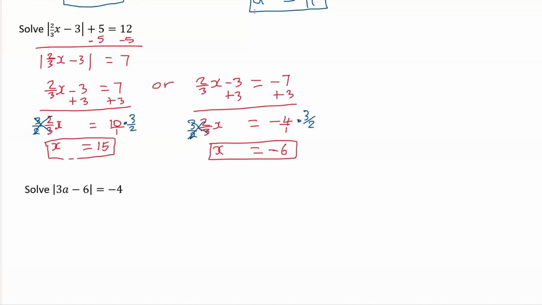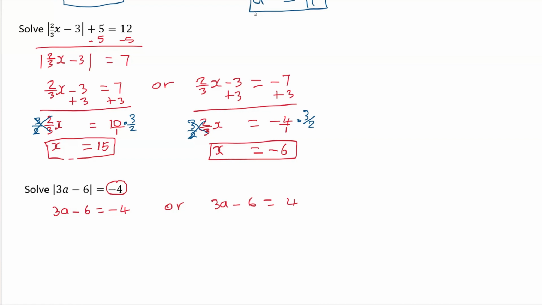So if we apply the same reasoning as we did above, break the absolute value into two linear equations, then we will have 3a minus 6 is -4, right? That's 1, as it is. Or 3a minus 6 is 4, right? We have to make this negative, so double negative gives you positive.